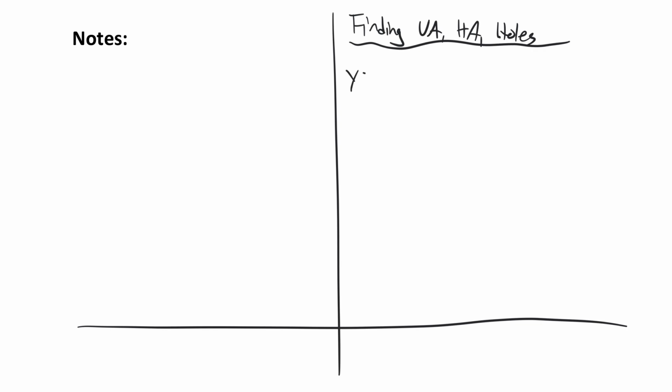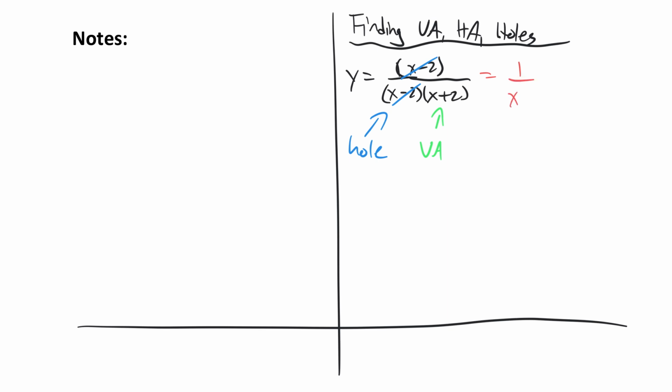The basic idea here is if you have something, maybe I'll put it in factored form, like this, with maybe an x minus 2 on the top, anything that cancels out gives you a hole. Anything that's left over gives you a vertical asymptote. And you can either use your original version or your simplified version.